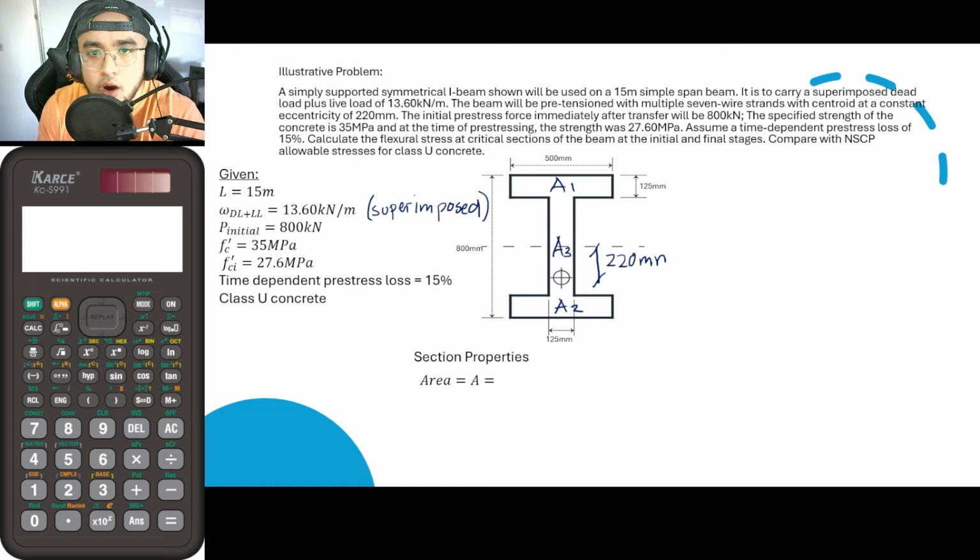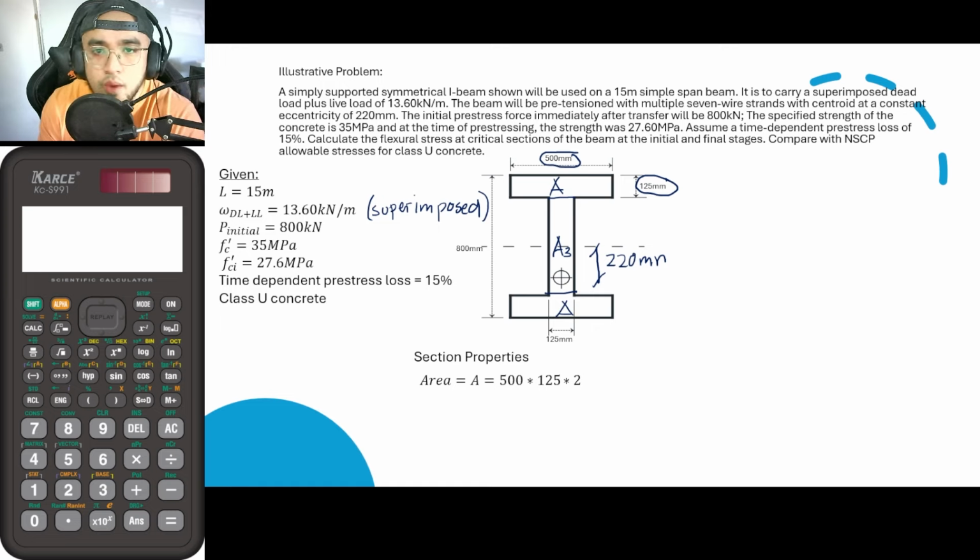Area 1 is the area of the flange. If this is 500 and this is 125, that is 500 times 125. But take note, guys, that this area here is equivalent to this area here, so I would just simply multiply it by 2. Since I have already solved for the area of the flanges, which is 500 times 125 times 2, I will now get the area of the web.